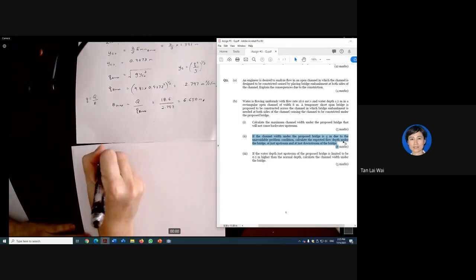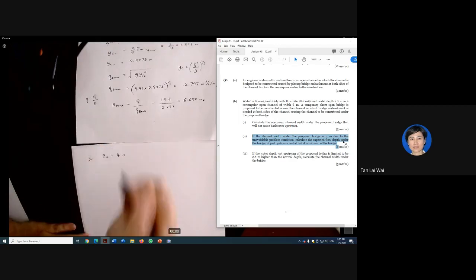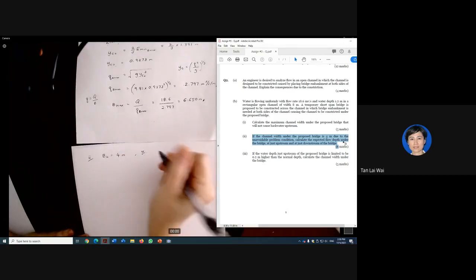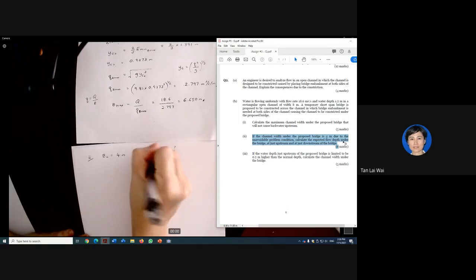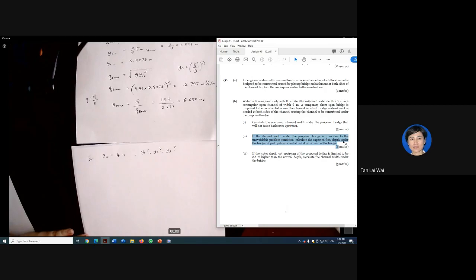So B2, due to unavoidable conditions, the width has to be set to 4 meter. So the question asks us to find Y1, Y2, and Y3. So these are unknown. So basically, the question asks what would happen to the upstream, under the bridge, and also the downstream depth of flow. So now we are going to analyze this.